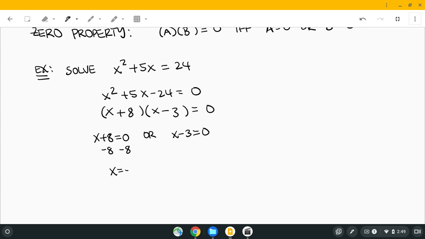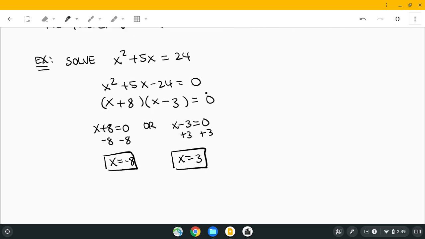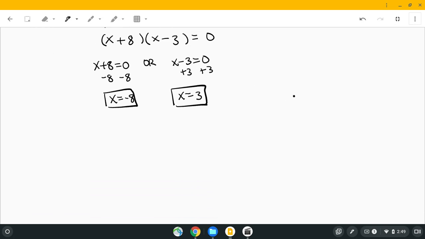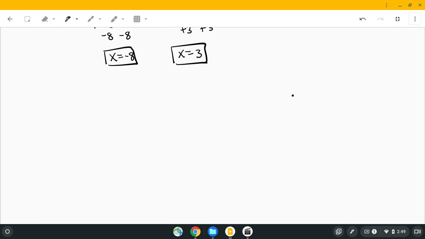So x equals negative 8 or x equals 3. Okay. So these are the two answers that would work. Okay. Again, the most important part here when you're factoring is that you set it equal to 0 first. Okay, let's take a look at completing the square.